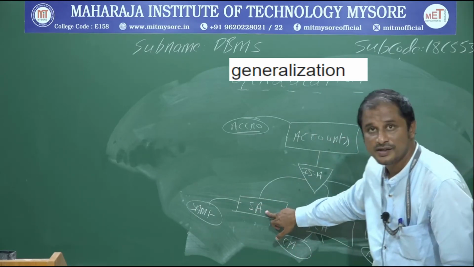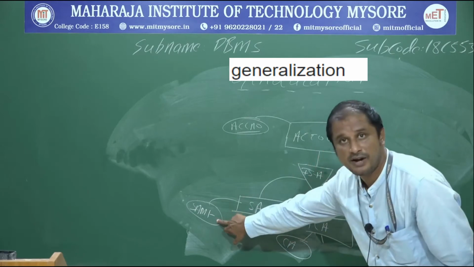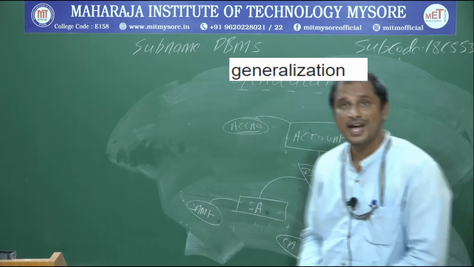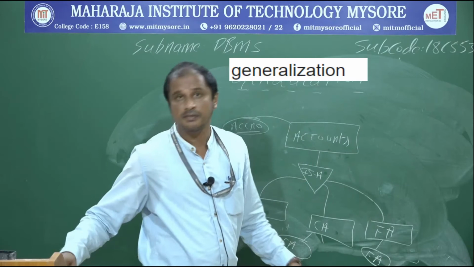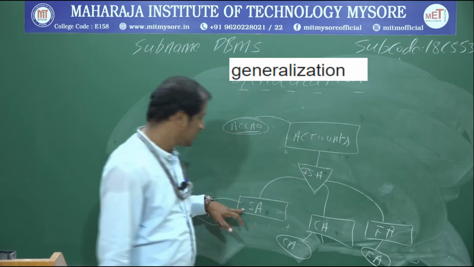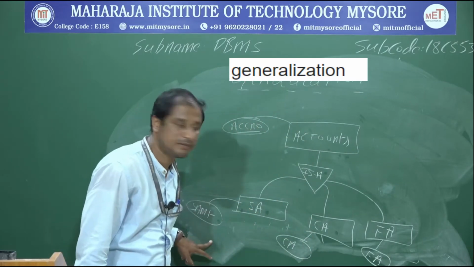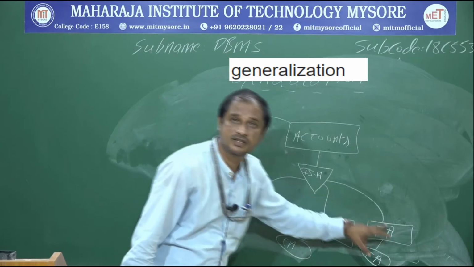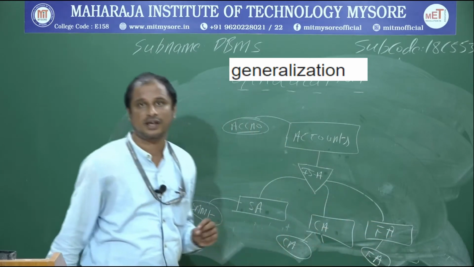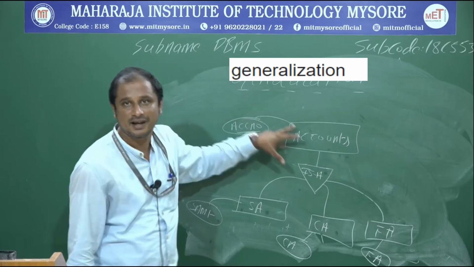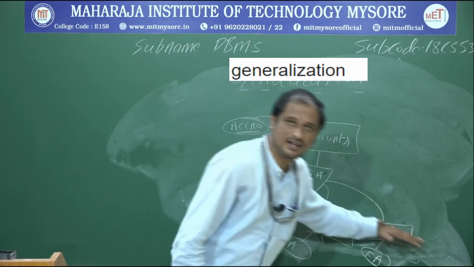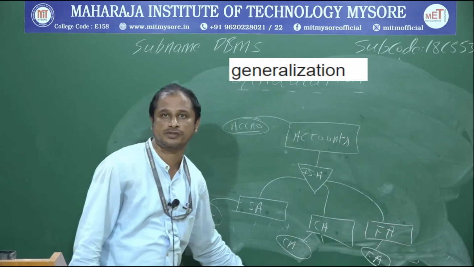Saving accounts have some attributes, current accounts have some attributes, fixed accounts have some attributes. So this is a superclass, and we split it into three entities with different types of attributes.